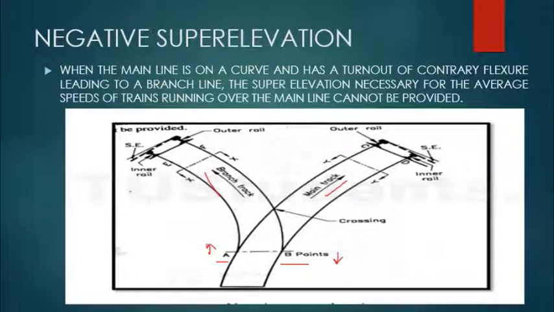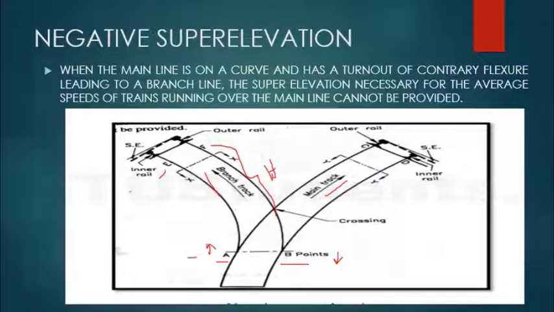For the branch line, however, the BF curve should be higher than the AE curve. This curve should be higher than this curve, the EA curve. Or the point B should be higher than point A. These two contrary conditions cannot be met at the same time within one layout.